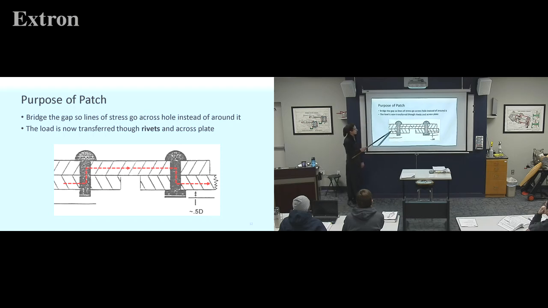So now the stress is flowing up the rivet, across the plate, and down the rivet. Now the stress is happy, you're happy, no cracks, hopefully. So remember, the load is transferred through the rivets. The rivets are a critical portion of that, and across the plate that is your patch.